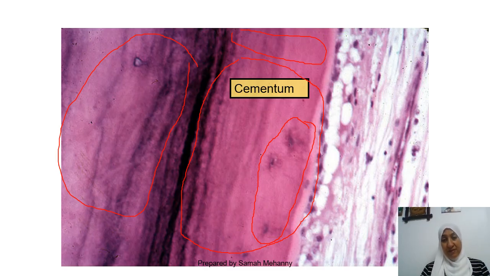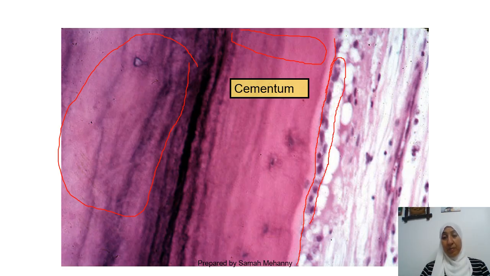Let's remove these lines. Each cementum layer should be lined by cementoid, which is a soft cementum matrix, and these deeply stained plump cells are cementoblasts.